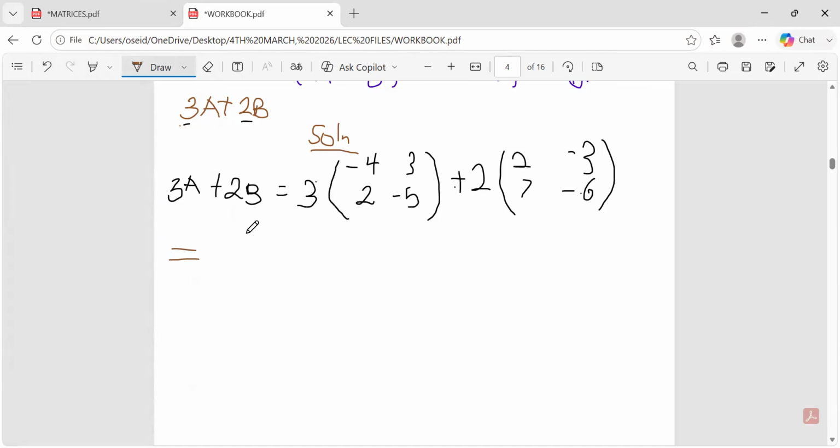So 3A plus 2B will be equal to what? 3 times -4, we are going to get -12. Then 3 times 2, we are going to get 6. Then 3 times 3, we are going to get 9. 3 times -5, we are going to get -15.